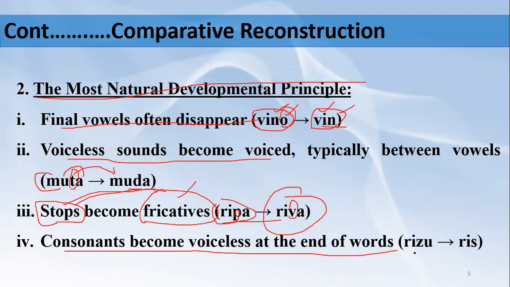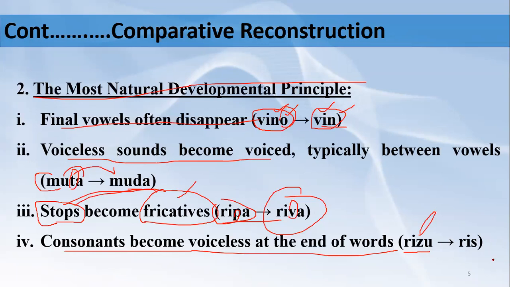Now, we have an example, Rizu. If you look at this sound, it is voiced, fine, because the vocal cords are made to vibrate. If you put your hand on your throat and make an attempt to utter the word Rizu, you will feel the vibration with the tips of your fingers.